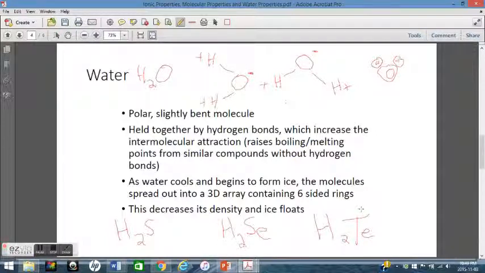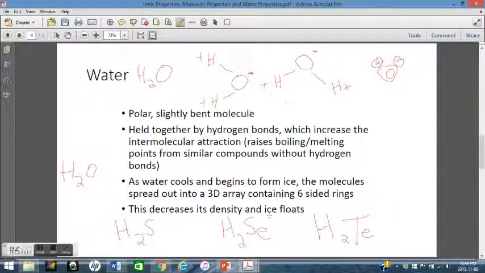Look those up, record them on your piece of paper, and then compare them to water. Now, water, of course, melts at 0 degrees Celsius and it boils at 100 degrees Celsius. This is a much higher temperature, and you're going to see that, than these other compounds.